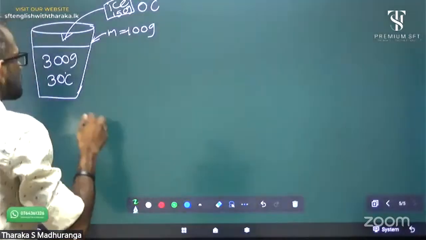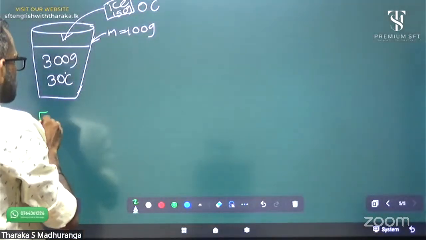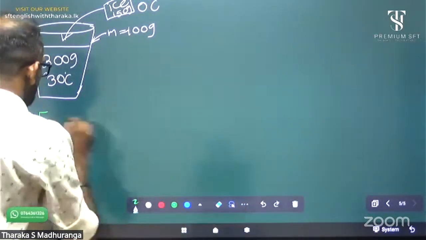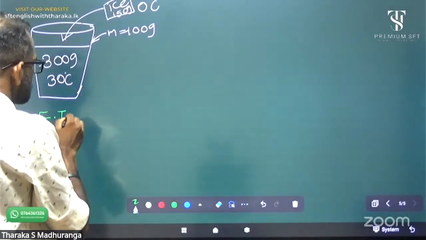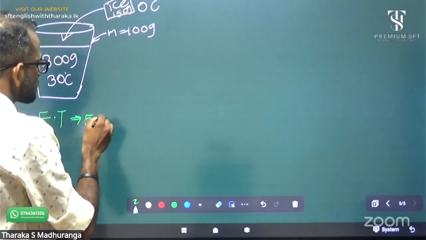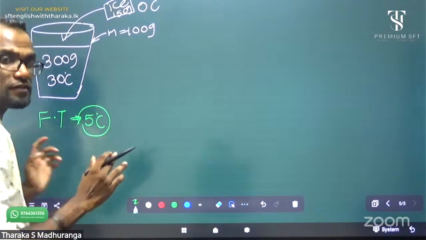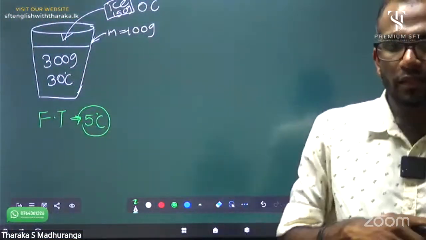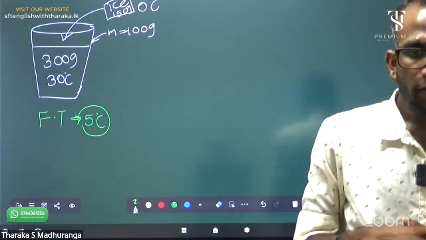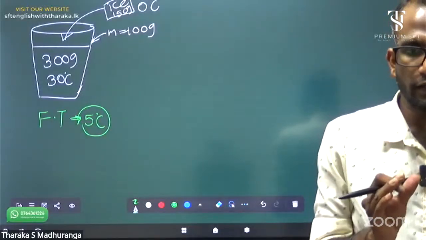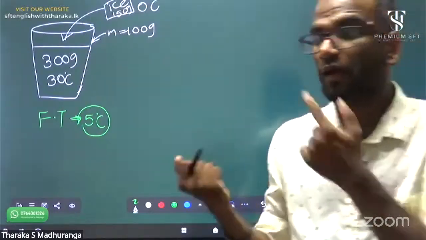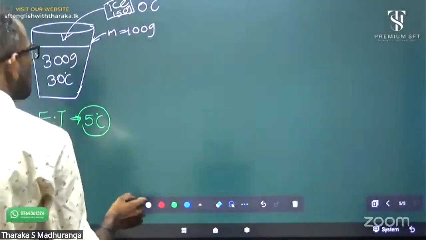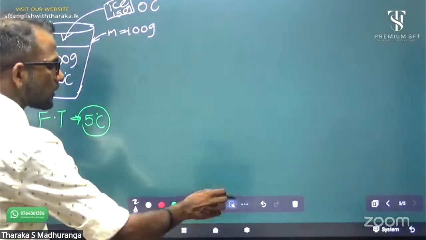The final temperature was 5 Celsius. 5 Celsius is the equilibrium temperature. Okay. The question asks what? The specific latent heat L of ice at fusion or melting. How to calculate?